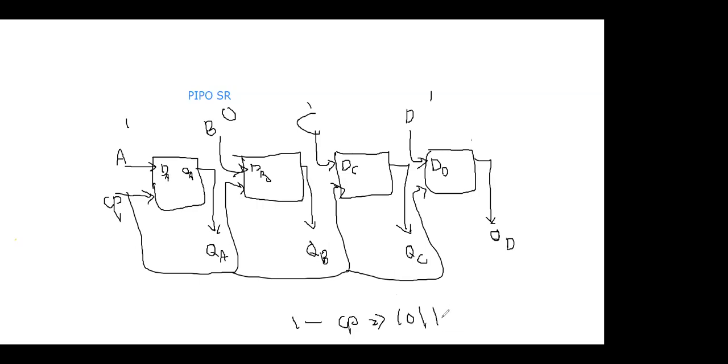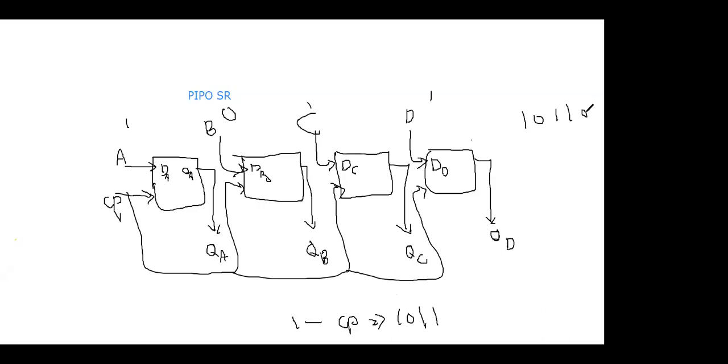That is, within a single clock pulse, we can get all our 4-bit information. But if you are using a 4-bit shift register and have more bits, you divide the data into 4 bits. For example, I want to send the data 101101.